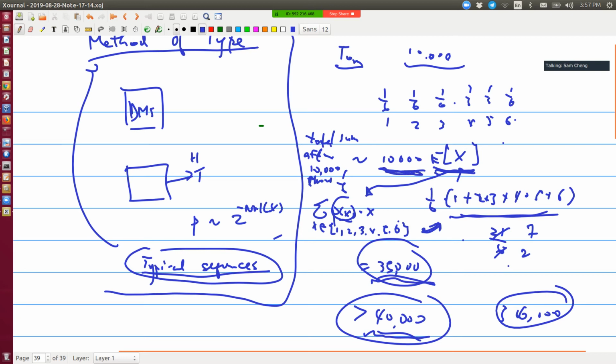And when you roll many times, by the law of large numbers and our discussion of typical sequences, we get closer and closer to the average, the expectation 3.5, which is close to this value 35,000 here.